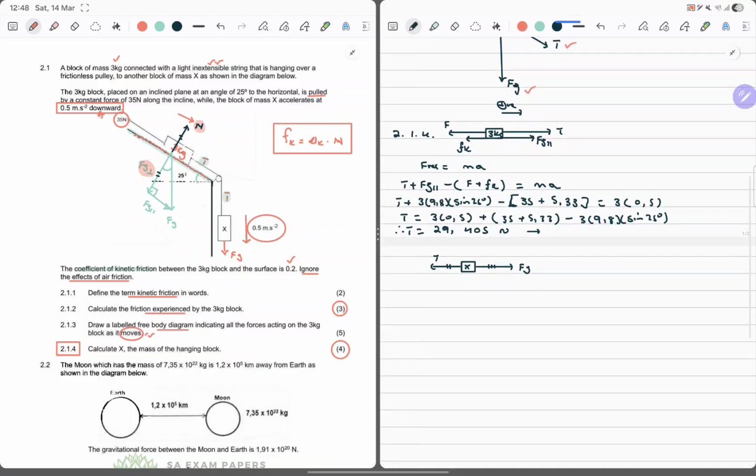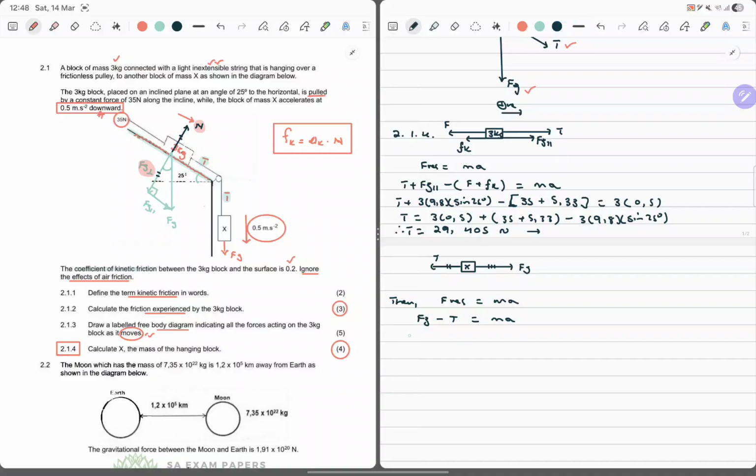Right. So we know now that, again, we use the same principle. The resultant force must be equal to ma. So Fg minus the tension is going to be ma.